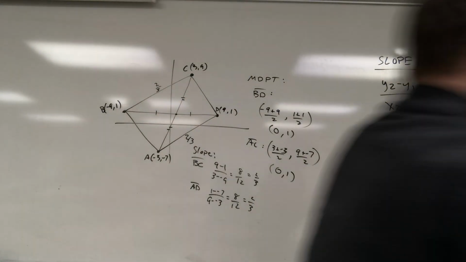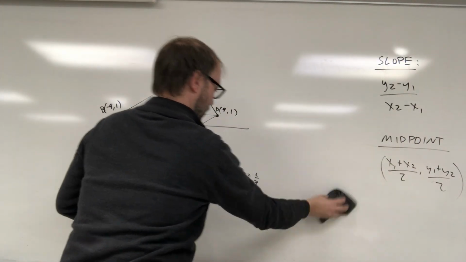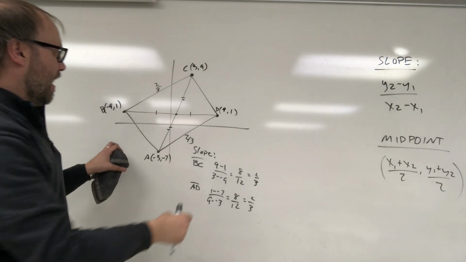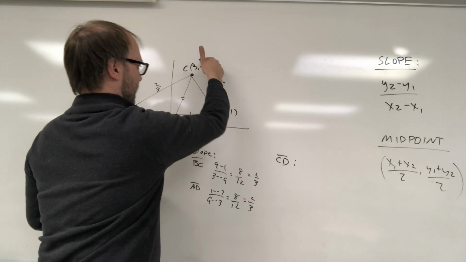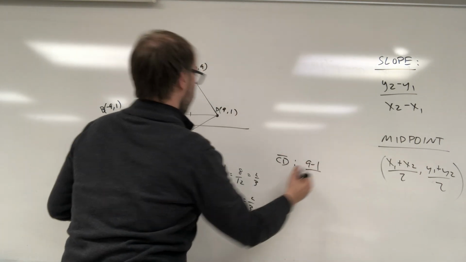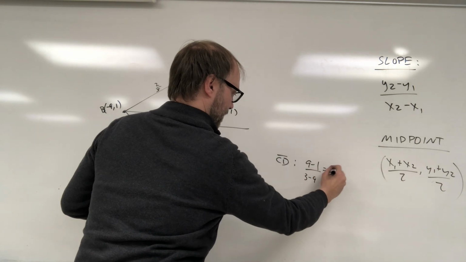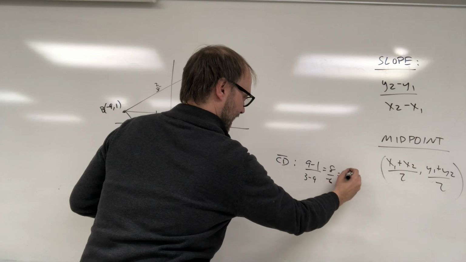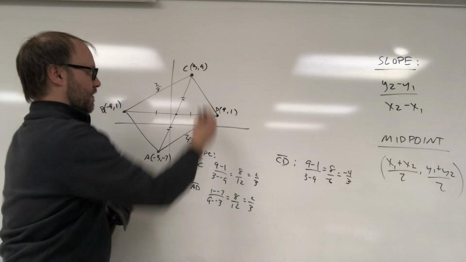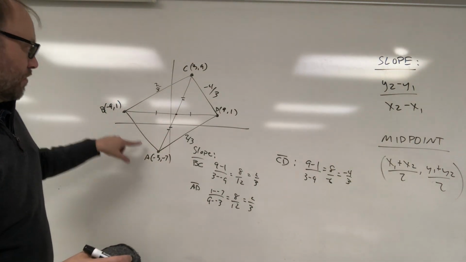So I can come back, and now I can find the slopes of the other two sides. We can find the slope of CD. That's going to be 9 minus 1 over 3 minus 9. On top, that's going to be 8. On the bottom, that's going to be -6. That's -4/3. There's that slope. If this is going to be a parallelogram, then this slope needs to be the same.